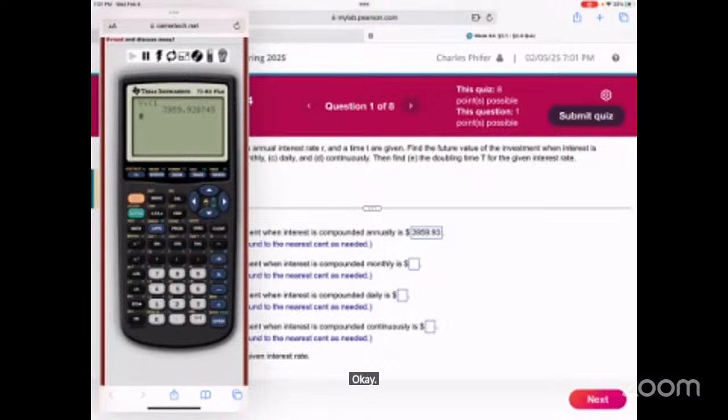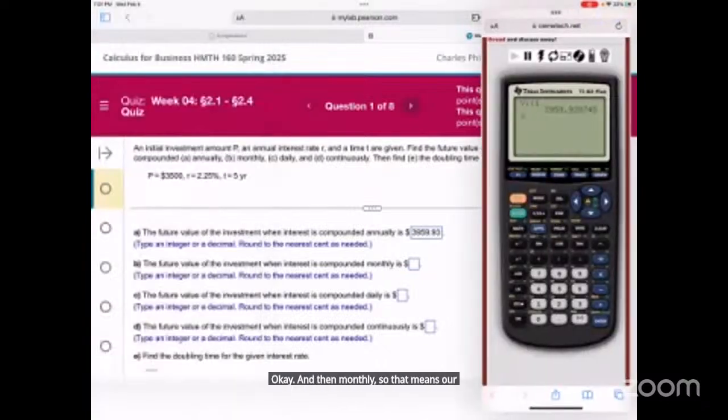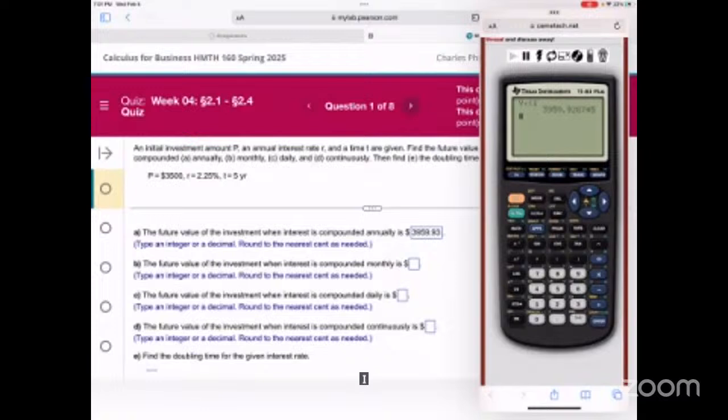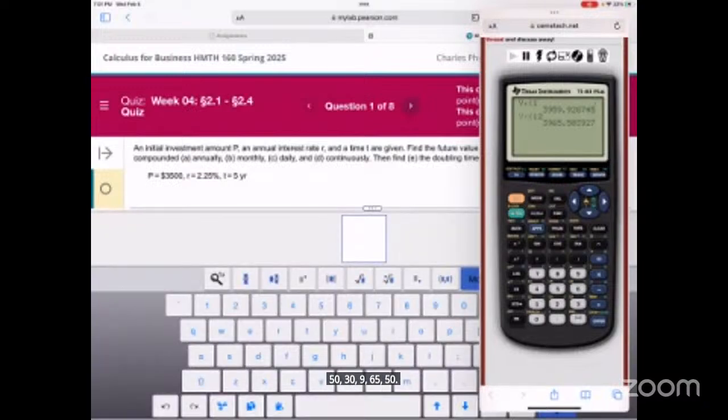And then monthly, that means our N is 12. I'm going to recall this, and I want to evaluate when X is 12. 39, 65, 50. Okay.